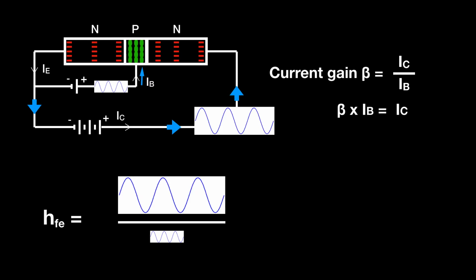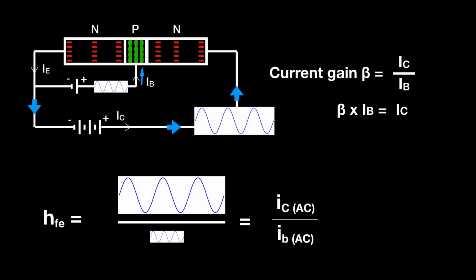You will see that in literature about your chosen transistor. HFE equals small ic over small ib. In other words, the signal on the collector divided by the signal on the base. I've labelled it as small i rather than large I to distinguish between the DC component and the signal component.